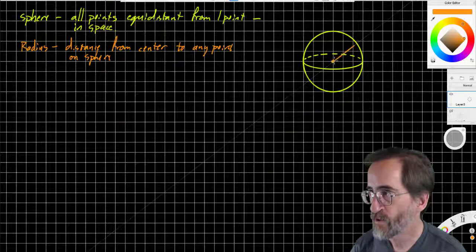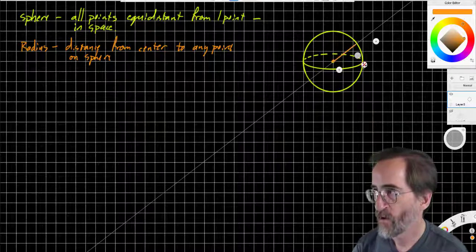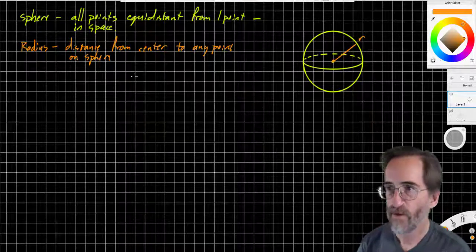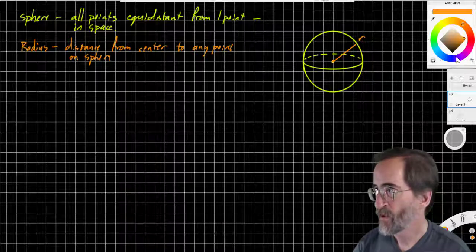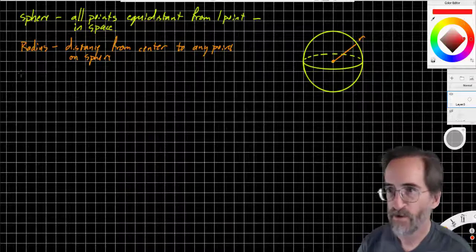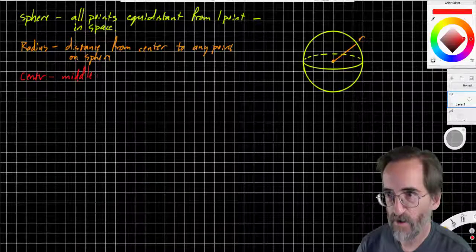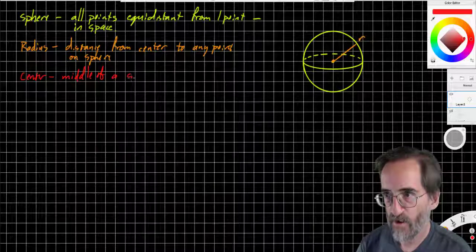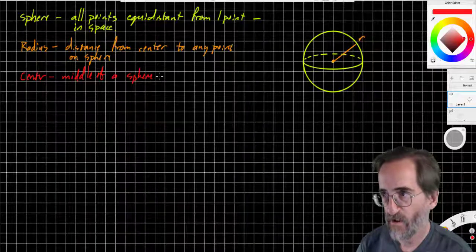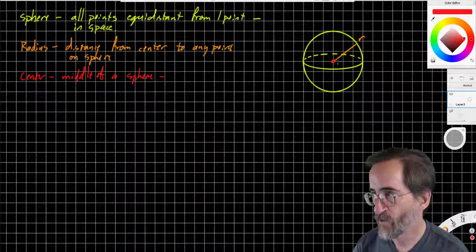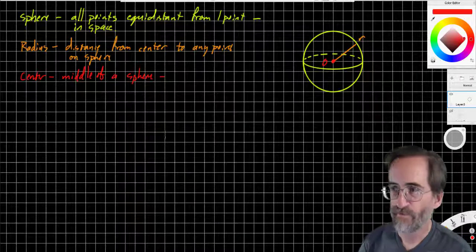It's a radius. Okay. Center. Middle of a sphere. This is the center. We'll call this point O. Center.